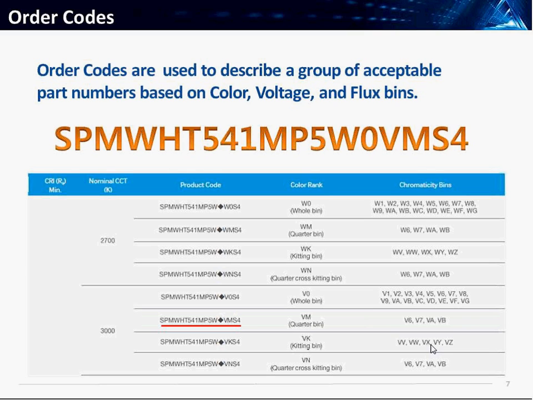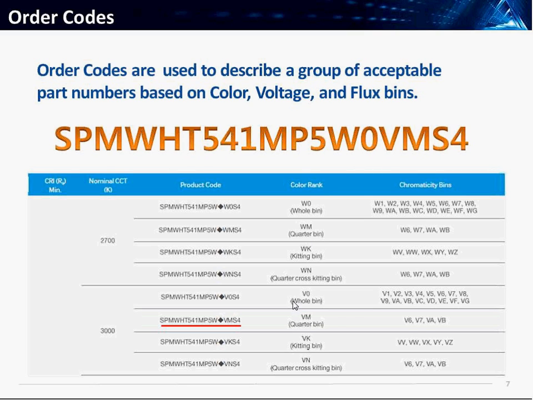Basically this part number is for a 561B plus in some Kelvin quarter bin, S4 flux rank. And you notice the 0 after the U, and the 0 means any voltage bin. And that's basically how all our packages are ordered, because we allow binning based on voltage. The B is CCT color, and means I want quarter bin.